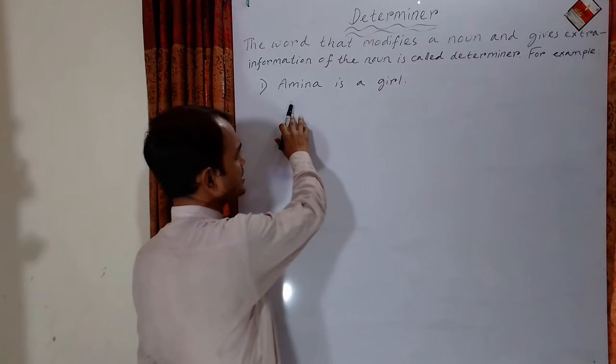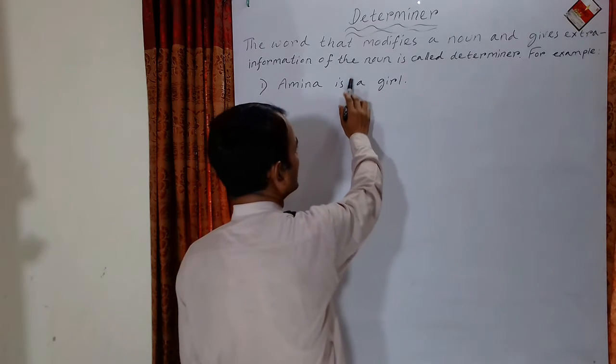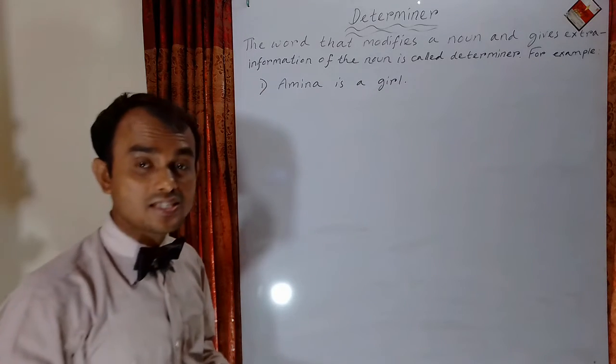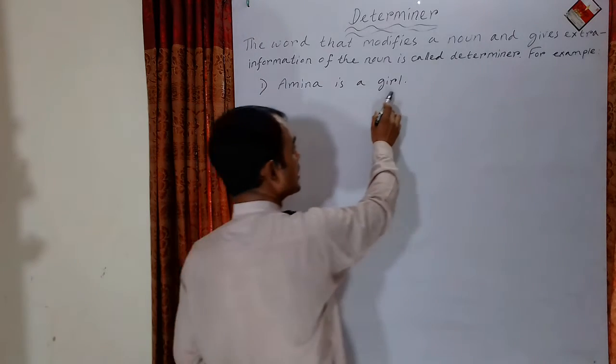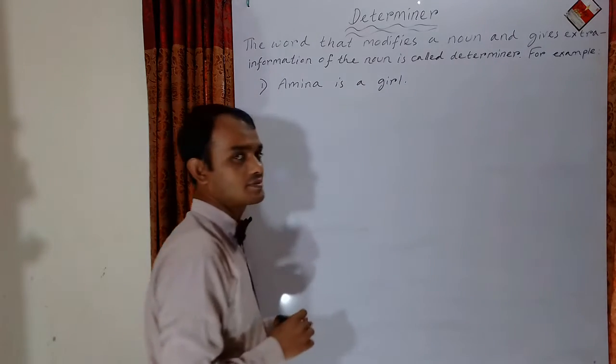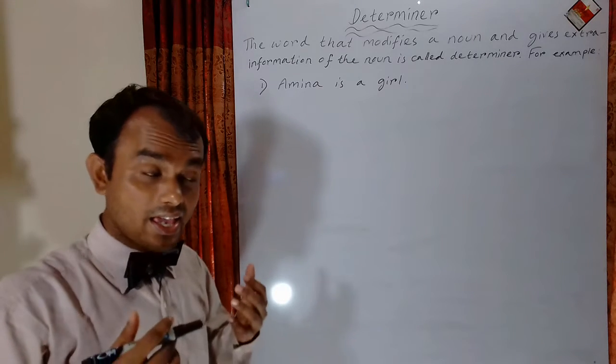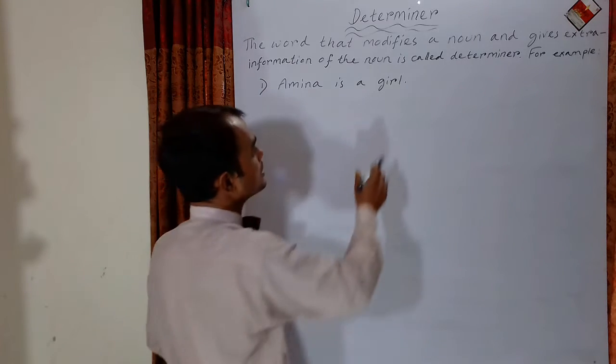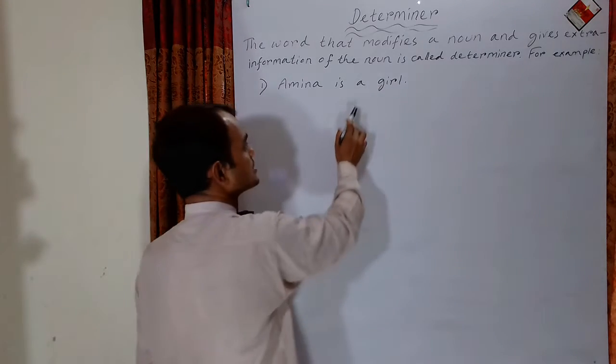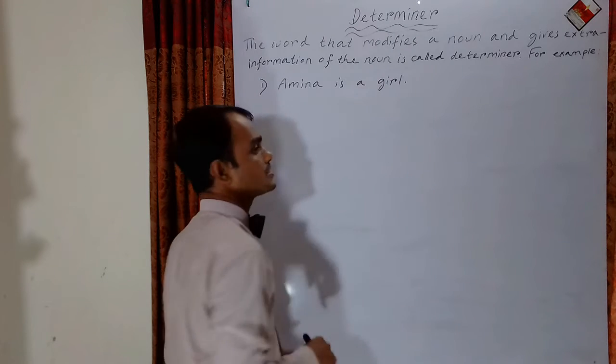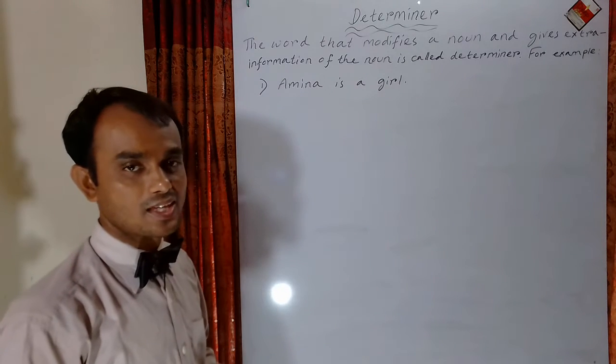Okay, from this sentence we find an article A, and this article is modifying the noun girl and gives extra information of the noun girl. For this reason, this article is a determiner here.